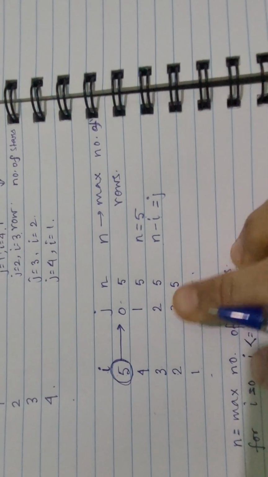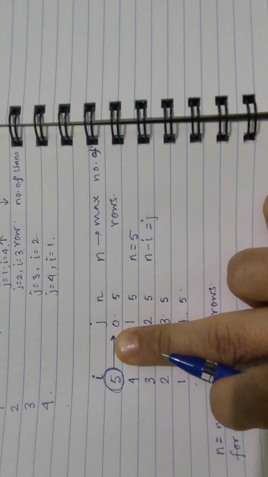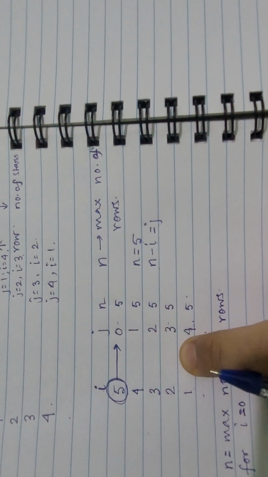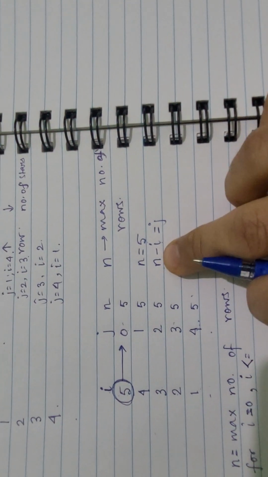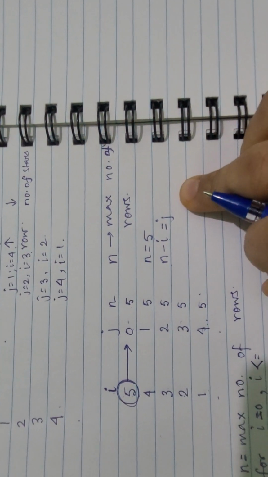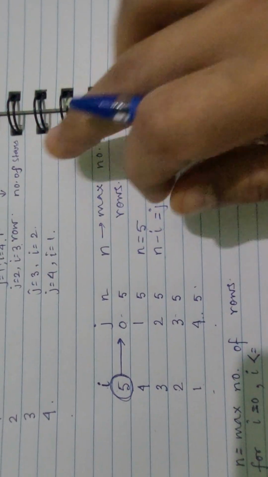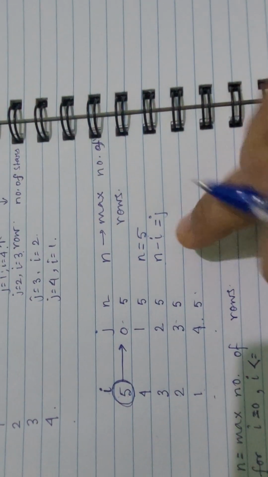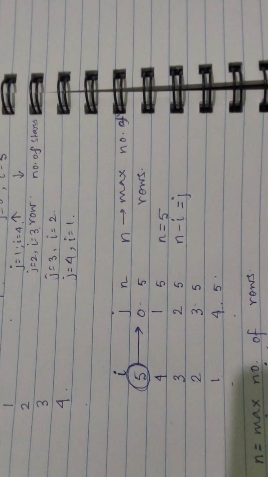You can take j also. If you are taking j, then it will be more appropriate that j is equals to 0, j is equals to 1, j2, j3, j4, and then j less than equals to that, then it will be n minus j equals to I. You understand? I is the number of stars, so I should come later on, j should come first.